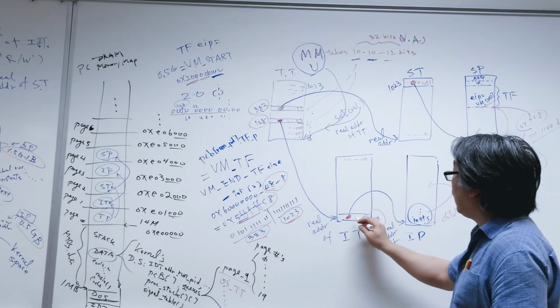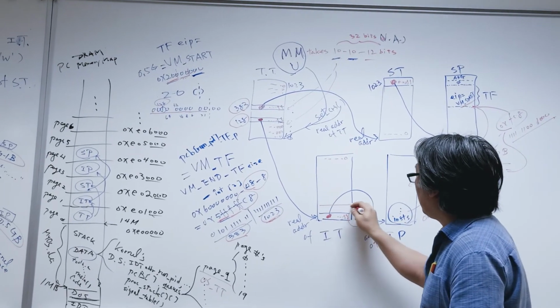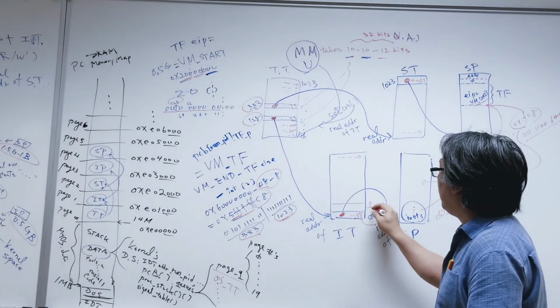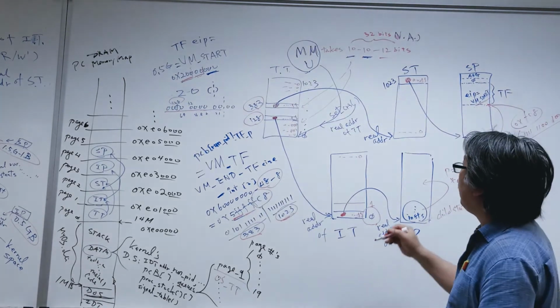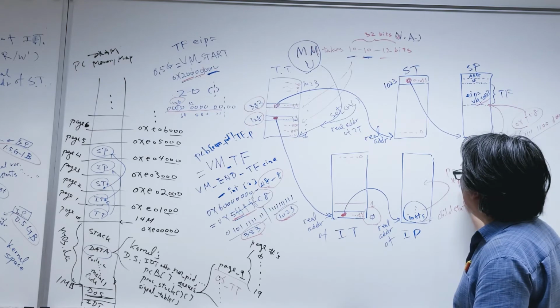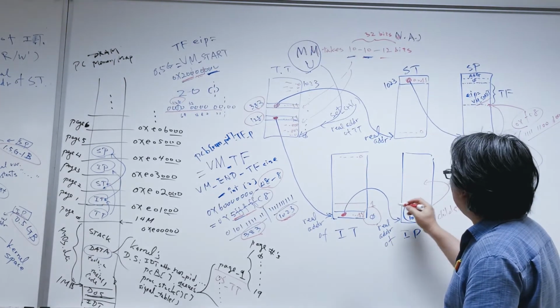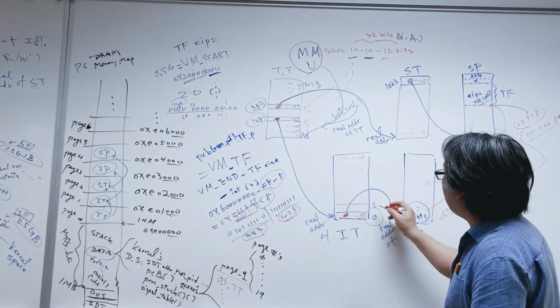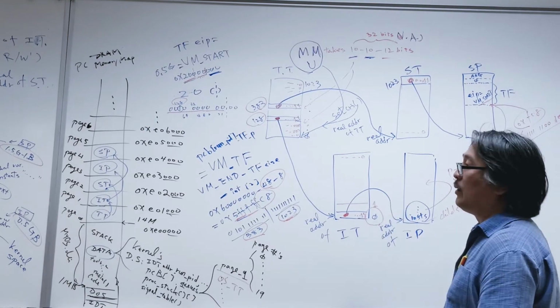The second 10 bit will be 1. Okay, the second 10 bit will become 1, the instruction pointer. When the instruction pointer, when the P, okay, P will become, will have a virtual space, the second 10 bit is 1, becomes 1, okay.